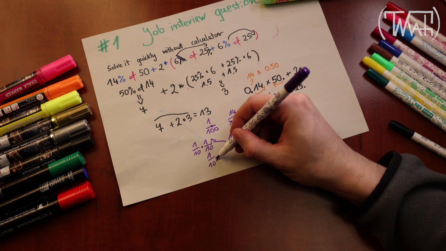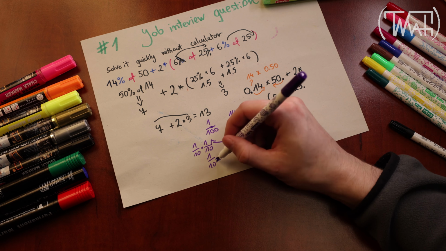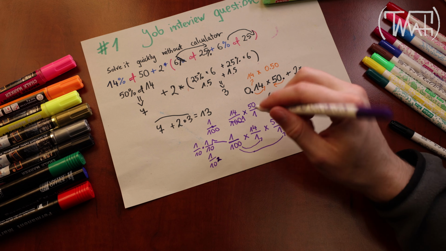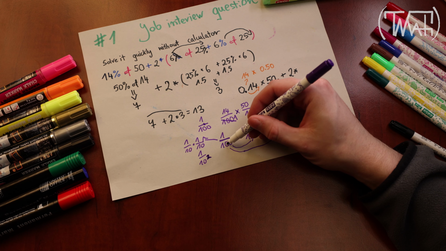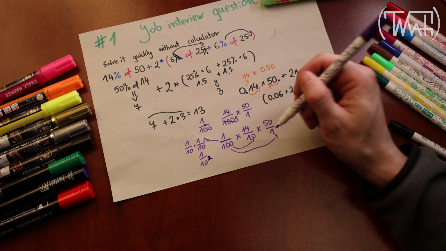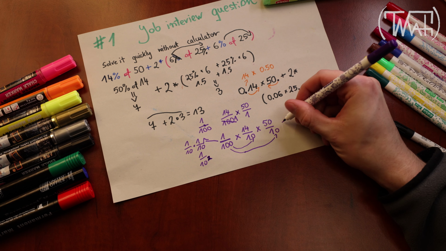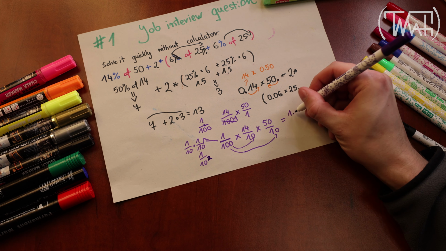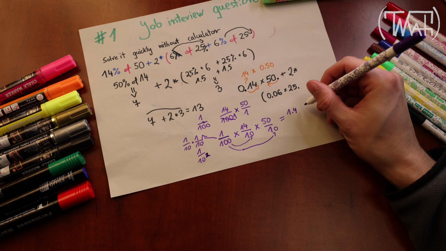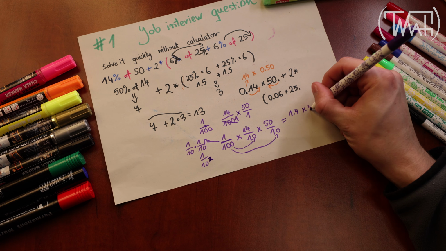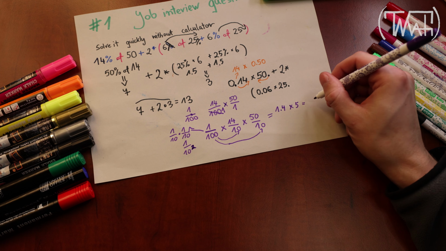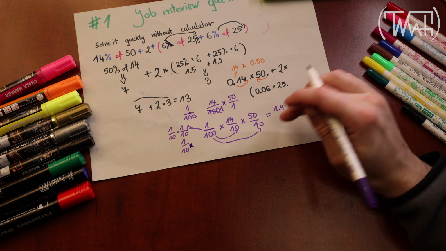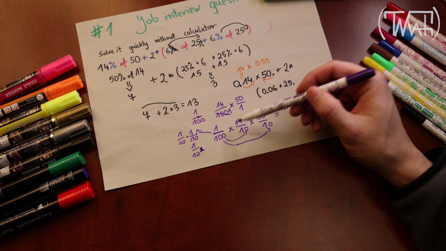And we can make it like this. So here we move the 10 here, another 10 here. So we got the 1.4 and 5, which will also end up with 7, right?